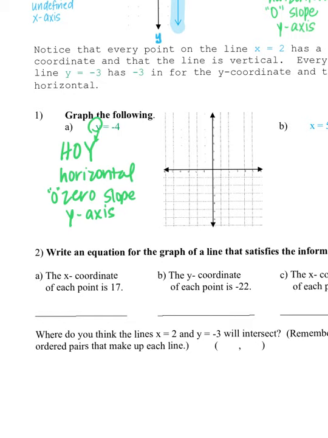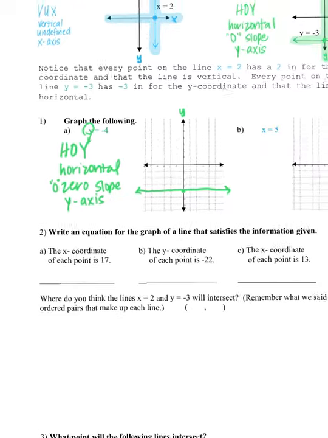So I'm going to go to my y, and it's at -4 right here. Like I said before, we would never draw a line along the y-axis. We want it to be perpendicular to the y-axis. So our line is going to go like that. It matches everything we have. It's a horizontal line. It goes side to side or across. It has a 0 slope, and it's on the y-axis.